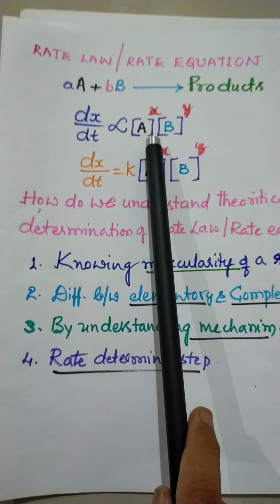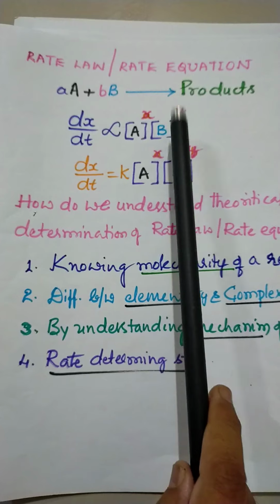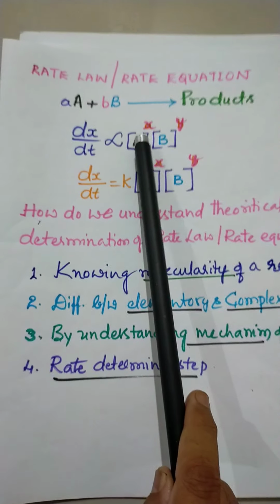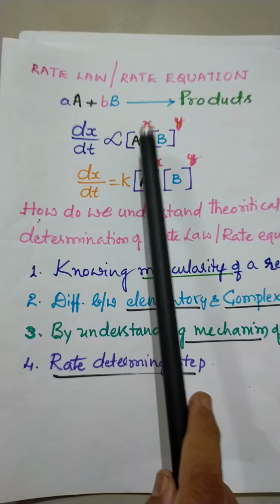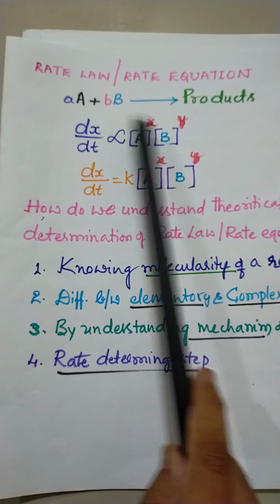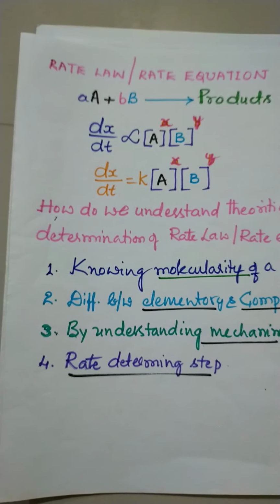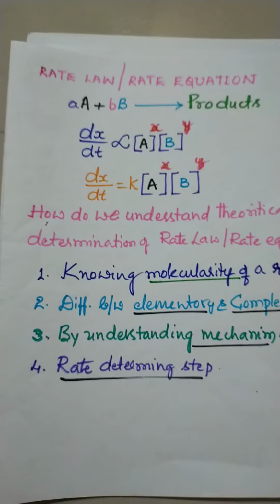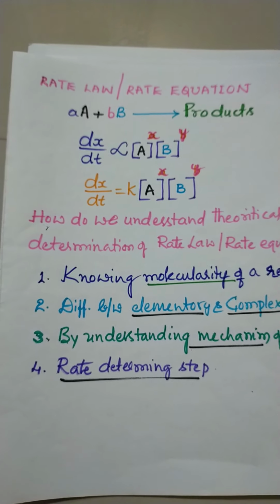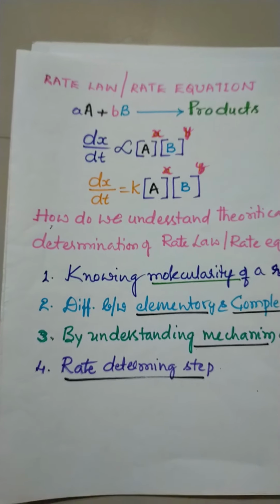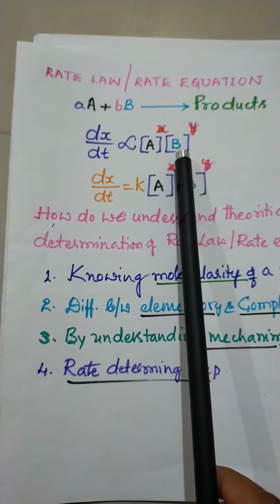So we have taken the powers as x and y, because here the concentration powers are for the experimentally determined rate equation, not the coefficients. But in the rate constant, it is different. So the rate law and rate equation are different.